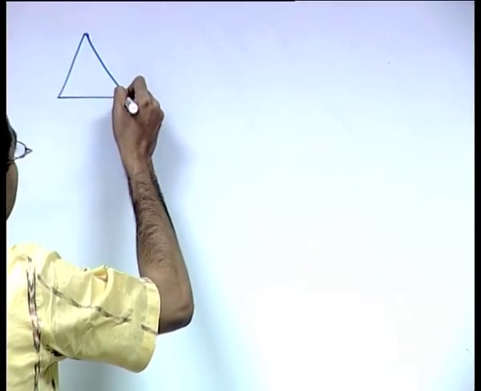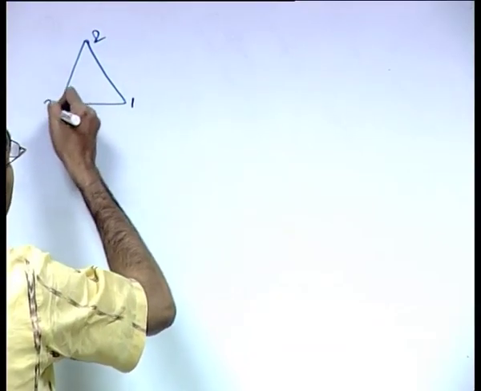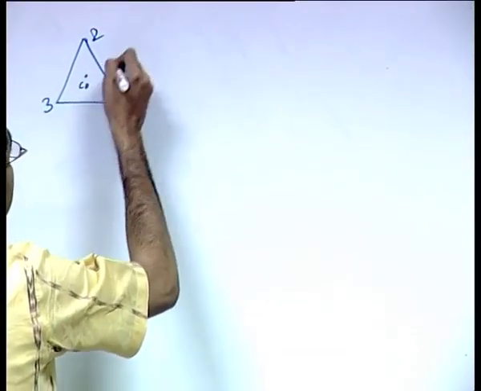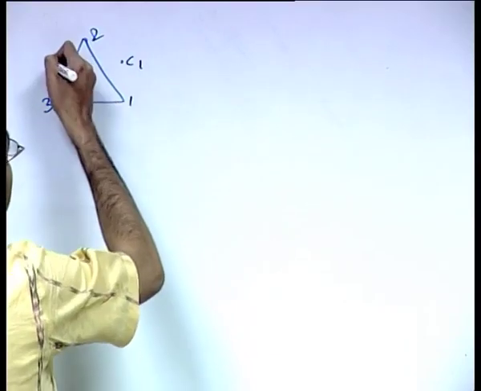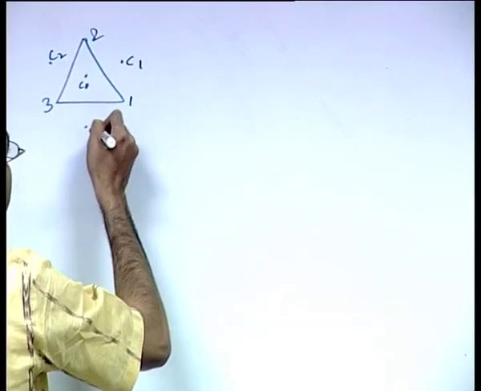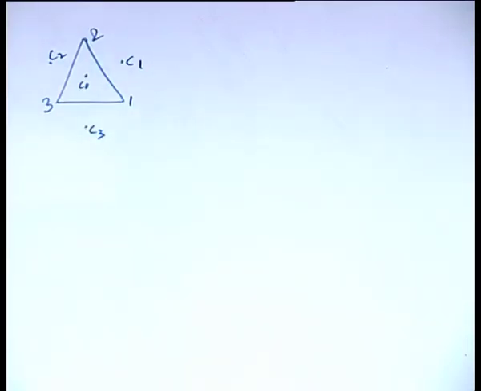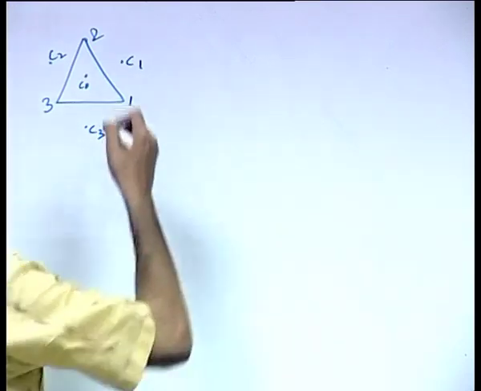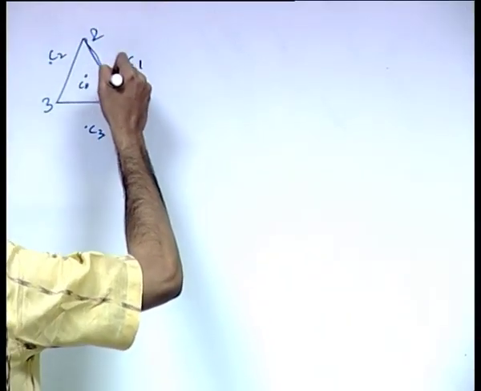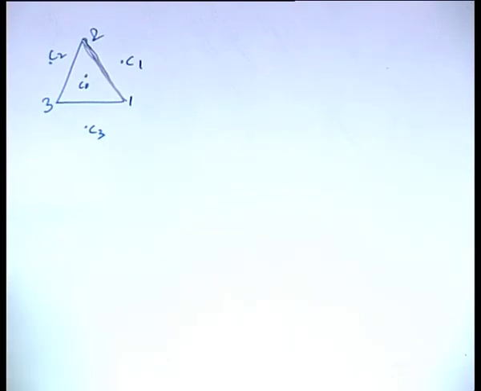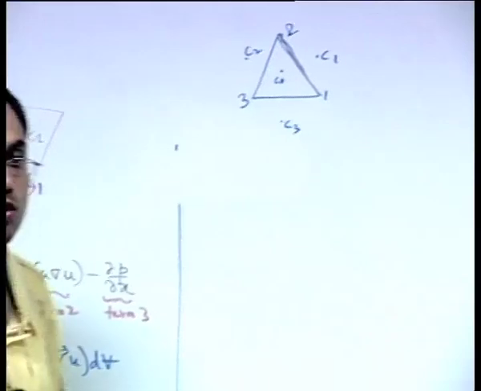So, let us just draw the triangle again, 1, 2, 3, and there are points C1, C2, C3. One of the area integrals is considering the area of the face 1, 2. So, you have to construct a contour that totally encircles 1, 2, right. There are many ways in which such a contour can be taken.